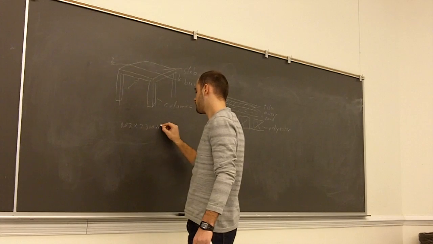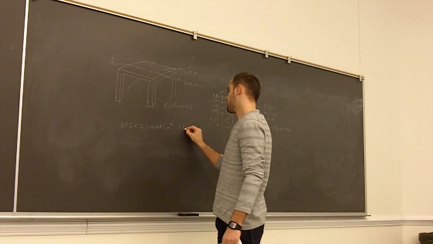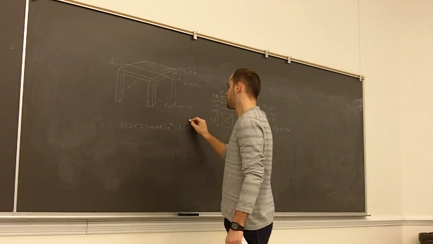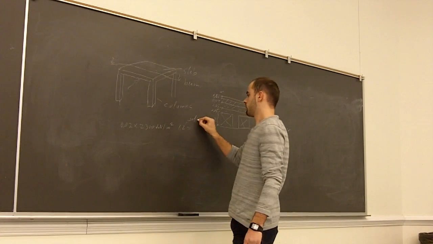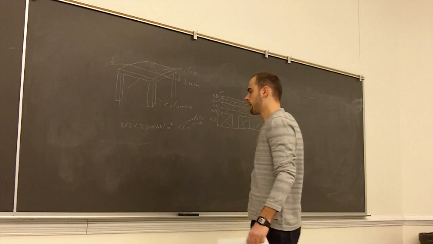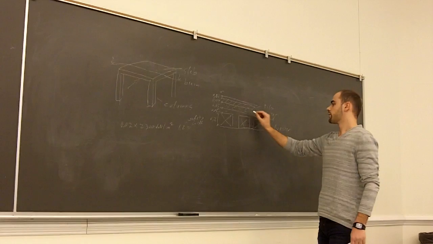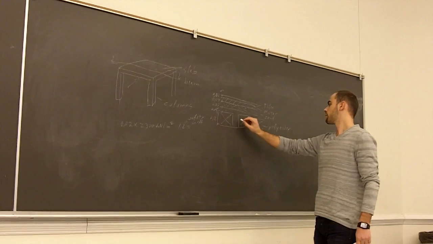It's in decanewton per square meter. And we multiply it with a coefficient, which is a safety coefficient. Then we calculate the load of the mortar, the sand, and the slab.